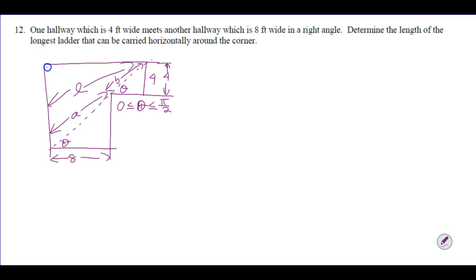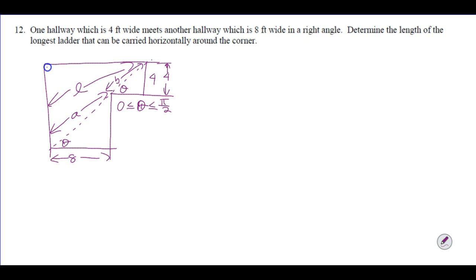It could be 0, could be 90. If it's 0 degrees, then the length of your ladder is going to be 8 feet, because I can walk along here with an 8-foot ladder and then make it around here. And if it's 90 degrees, then it has to be 4 feet, because that's the only way I can walk it along here. So theta is going to be somewhere between 0 and pi over 2.